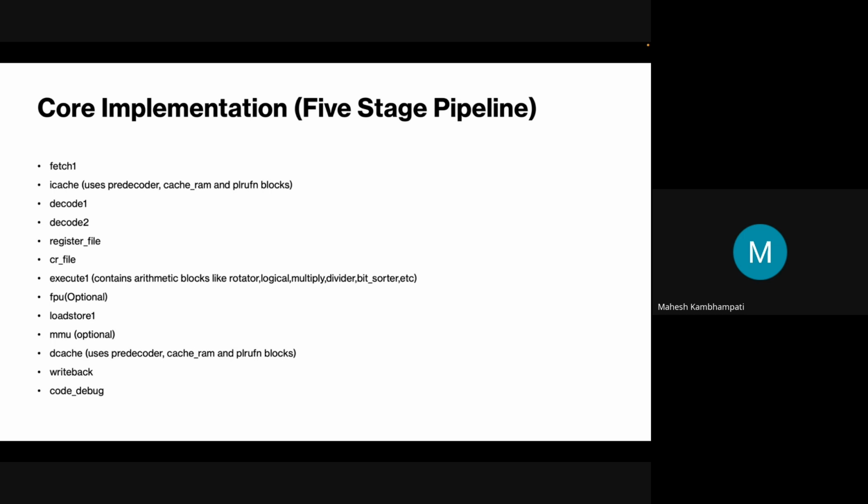FPU helps in floating point operations, and the MMU helps in virtual addressing and the load store architecture. Our Microwatt uses load store architecture, which essentially means that all of the executions are done on the registers, the 32 registers we were talking about earlier, the GPR, general purpose registers.